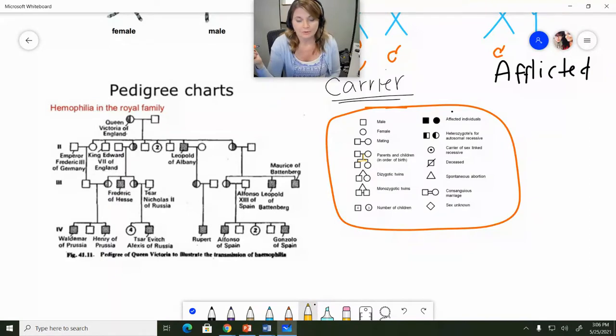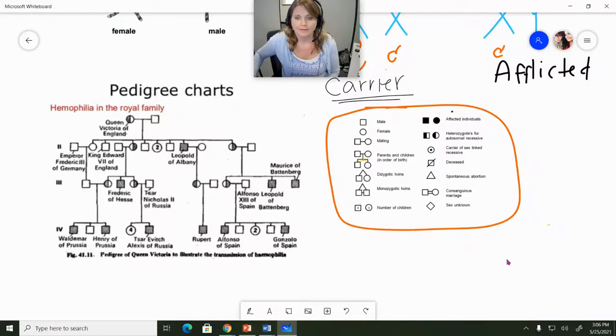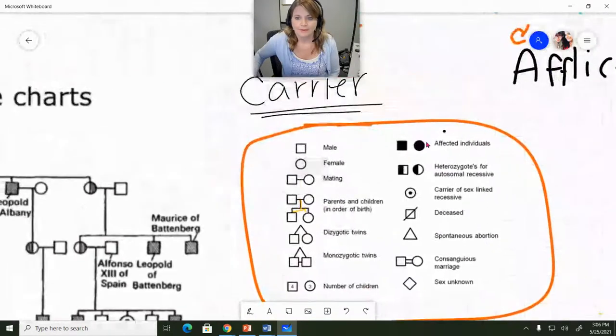And it goes in order of birth from left to right. If a person is afflicted or affected, then their symbol is completely colored in. If they're carriers, it's half.